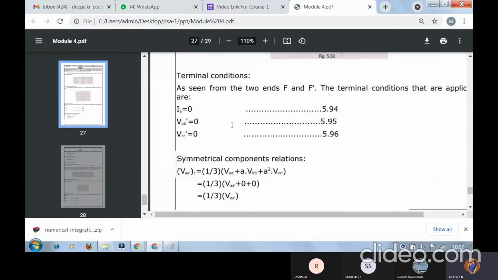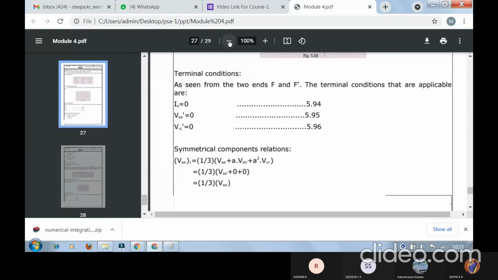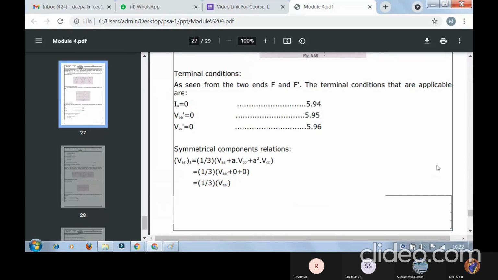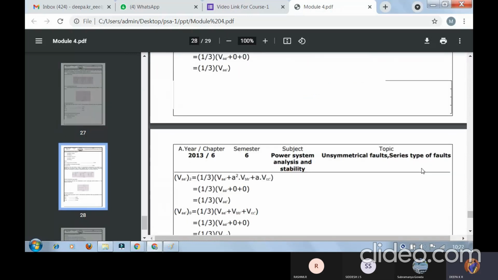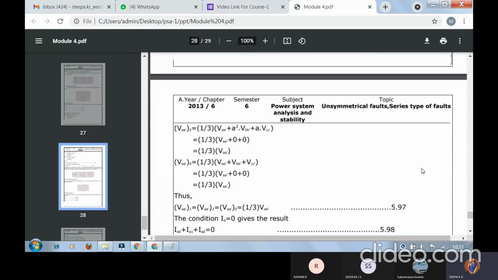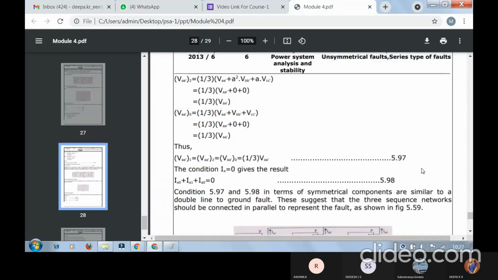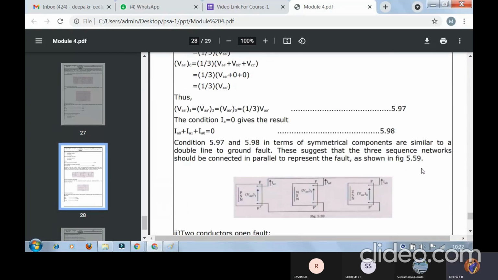Then write down the terminal conditions, then the voltage VAA dash for negative sequence, then zero sequence. And finally, write down the sequence diagram.